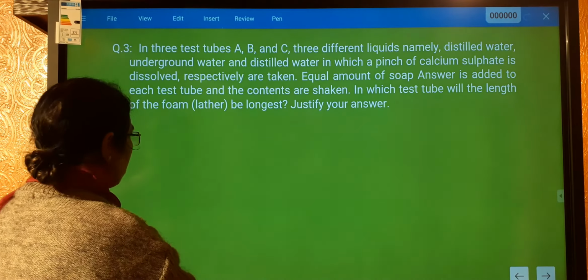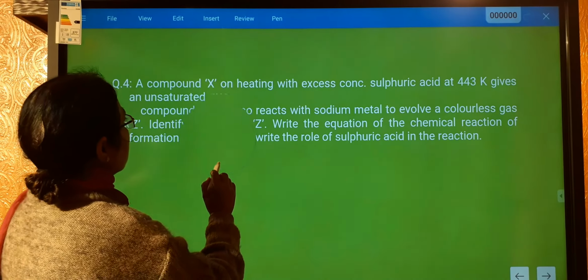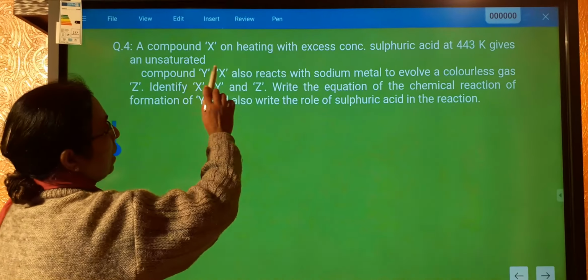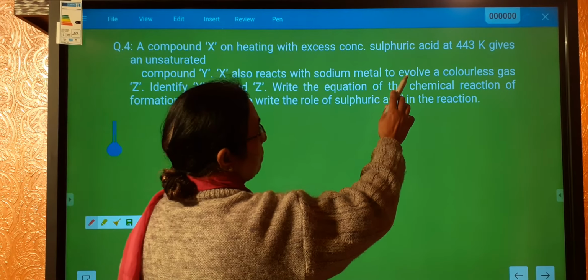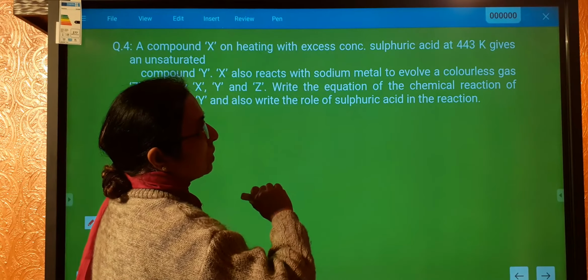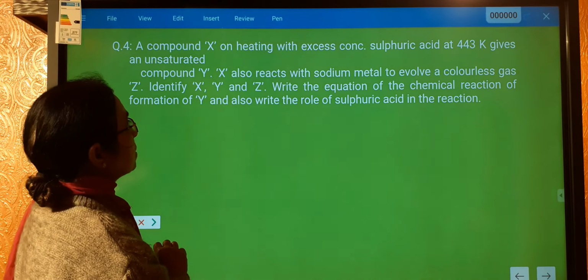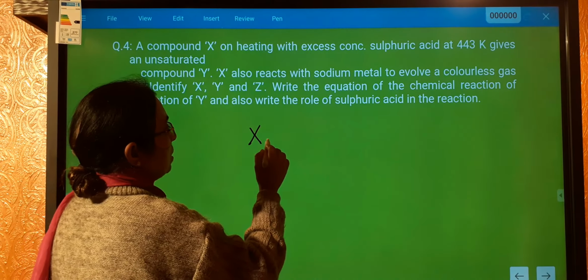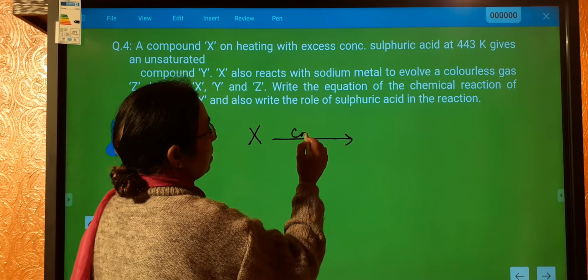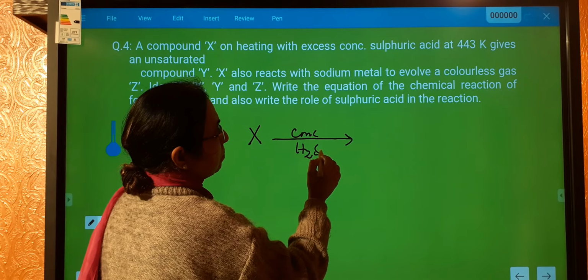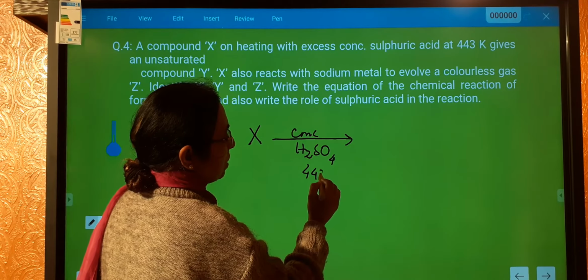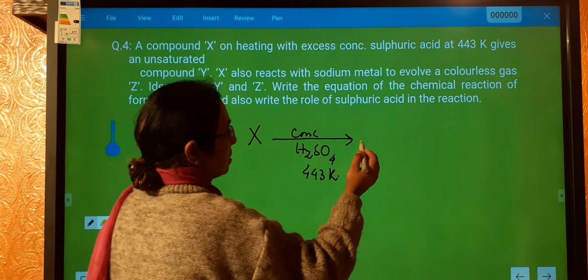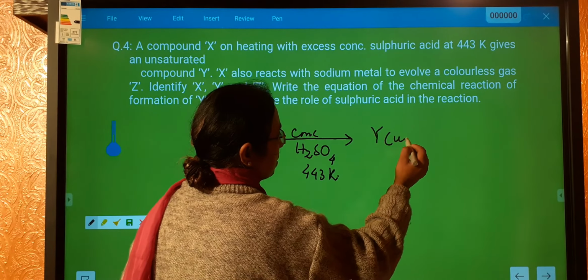Alright, let us see another question. See, a compound X on heating with excess concentrated sulfuric acid at 443 Kelvin gives an unsaturated compound Y. This is unsaturated, it is given.